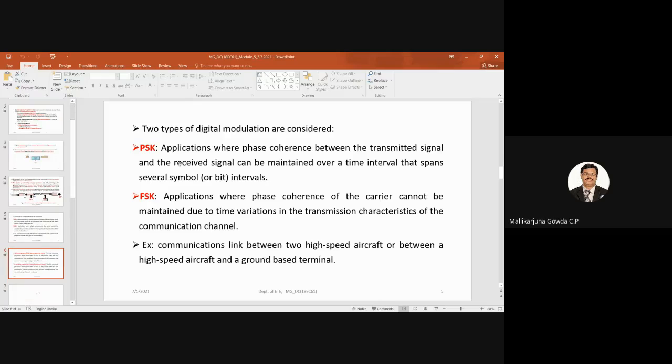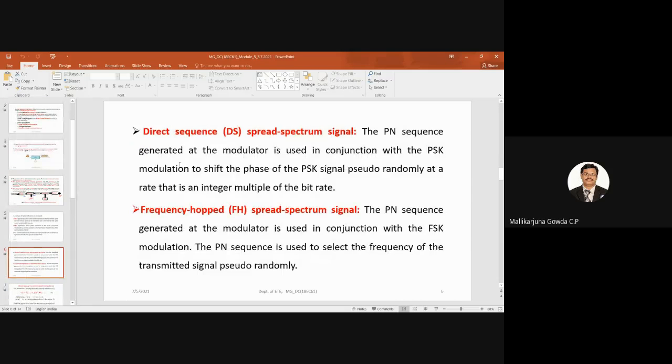Based on these two types of modulation techniques used in spread spectrum, we classify spread spectrum signals as direct sequence spread spectrum and frequency hopped spread spectrum.